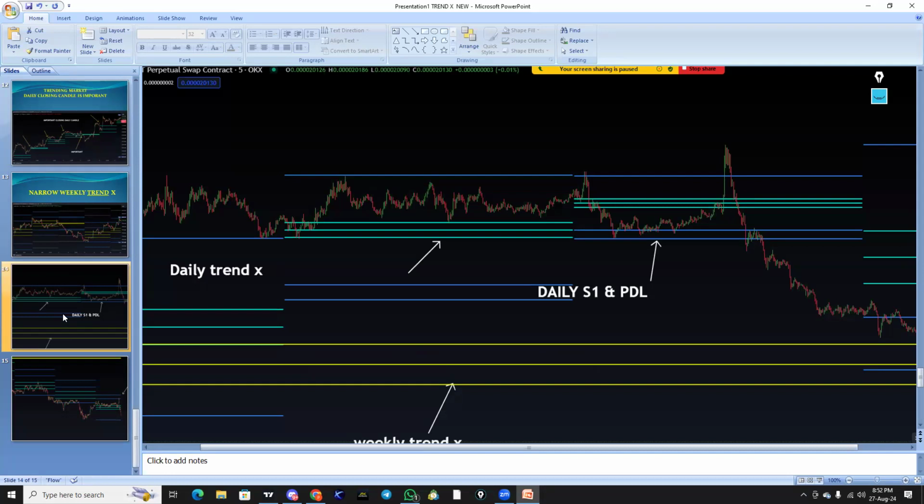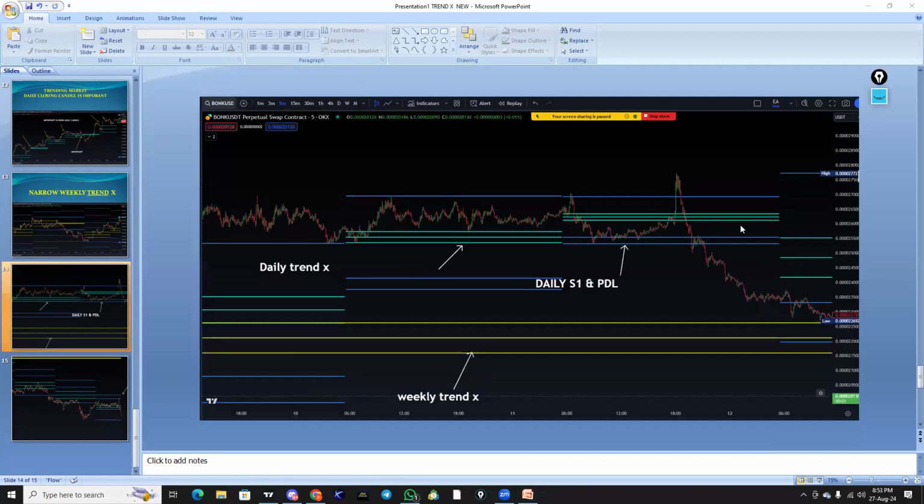So this is how we are going to plan the trade. Here you can see very clearly candles are above weekly, so we have only two opportunities to look for long positions. First is the daily trend X. Second, if candles are coming below trend X, then we take our long positions from previous day low and S1. So here it was taking the same support.